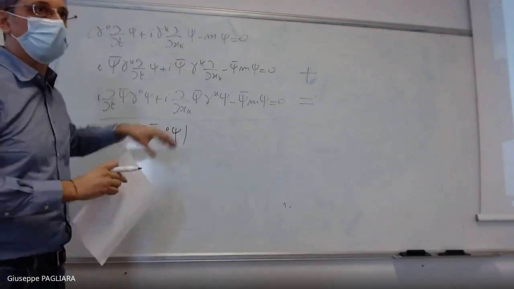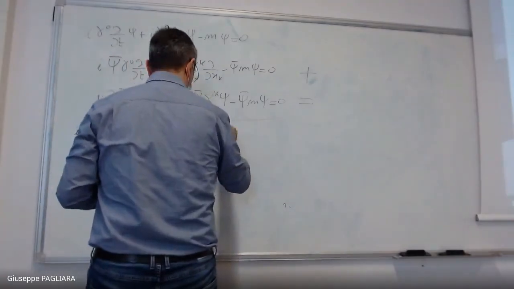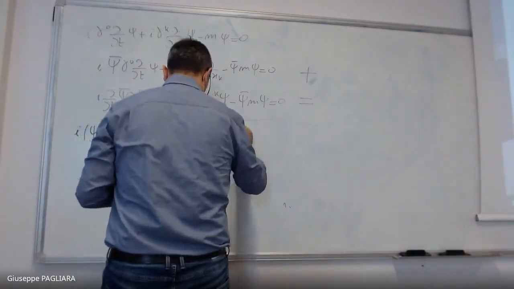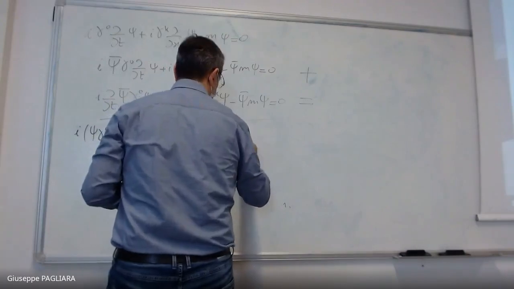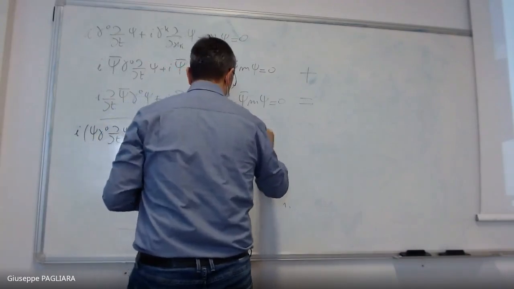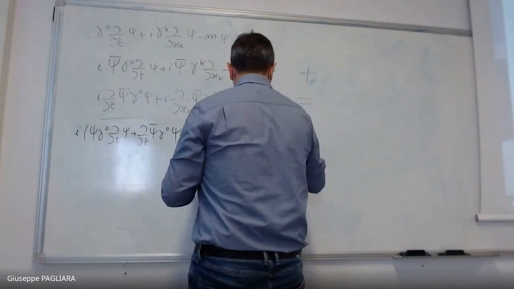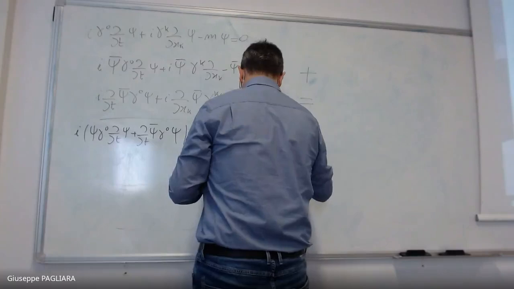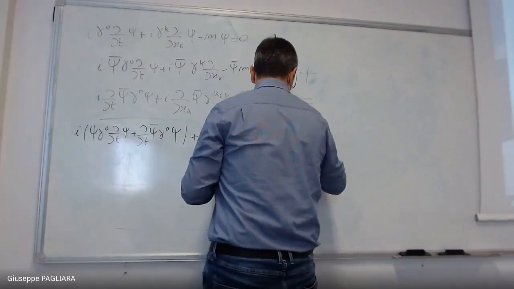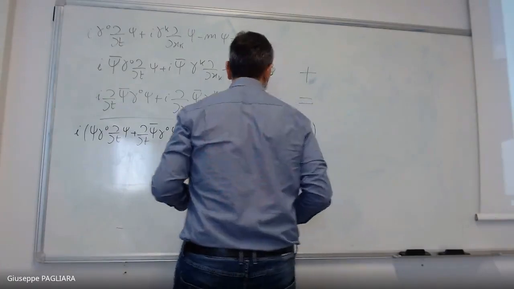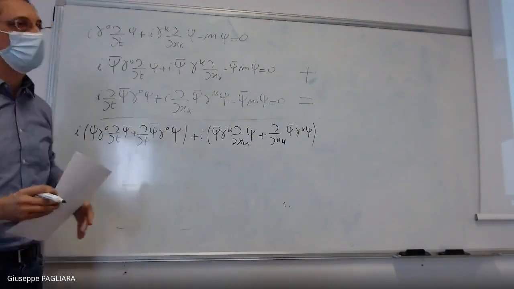Now we move to the second terms: plus i psi bar gamma k ∂_xk psi plus ∂_xk psi bar gamma k psi, and these are the sum of the second terms.